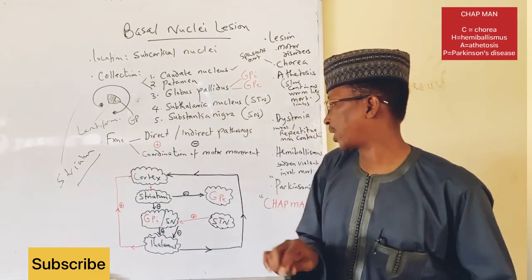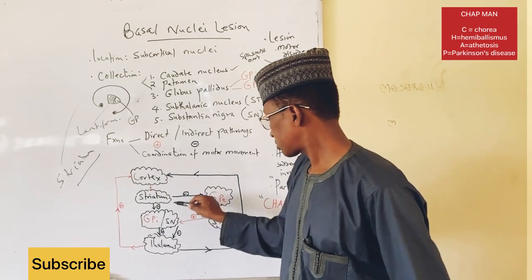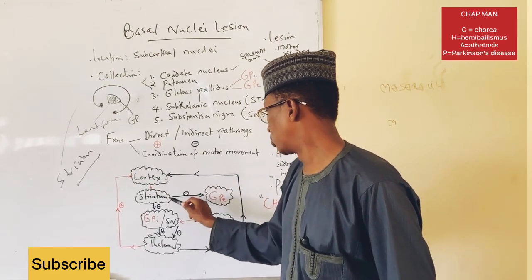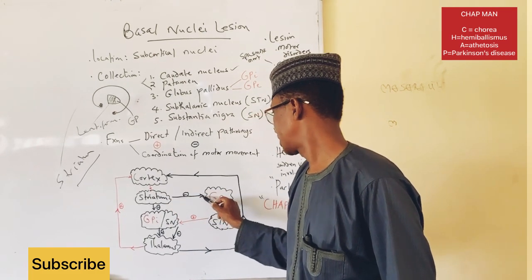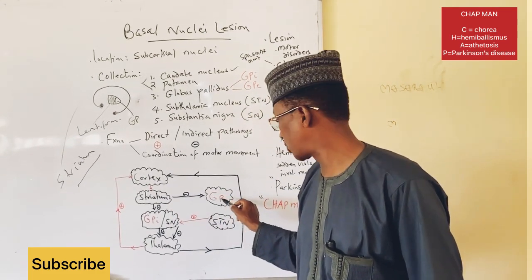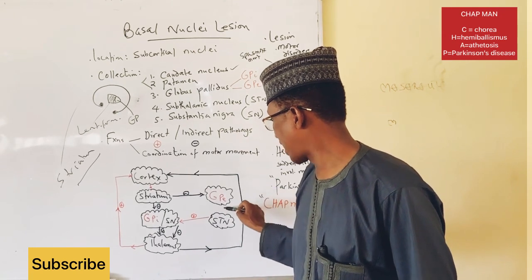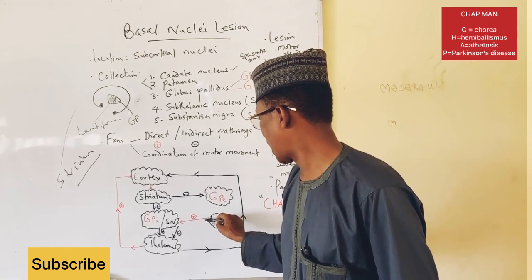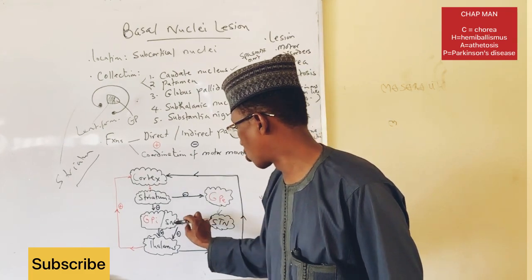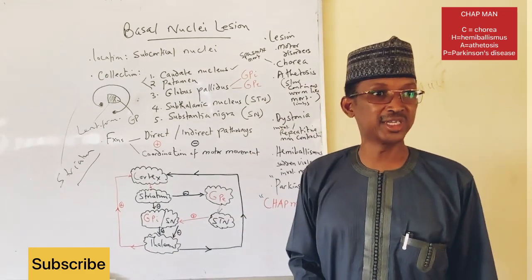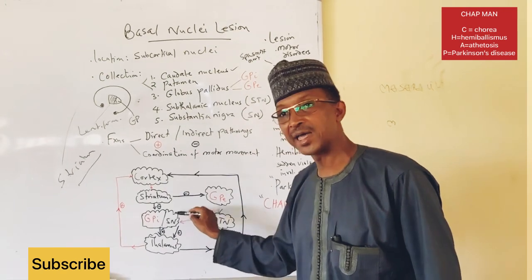While in the indirect pathway, the information comes through the striatum, then to the globus pallidus externus, then from there to the subthalamic nucleus. From there it goes into the globus pallidus internus and substantia nigra.